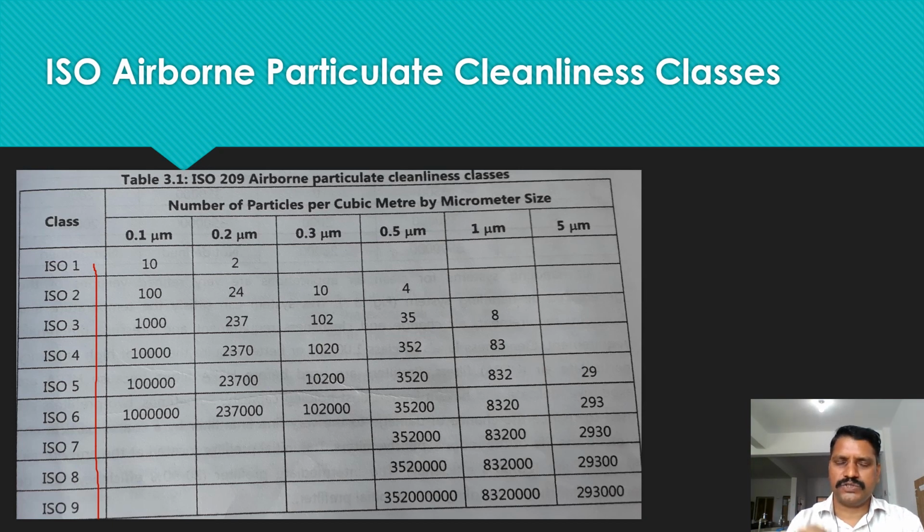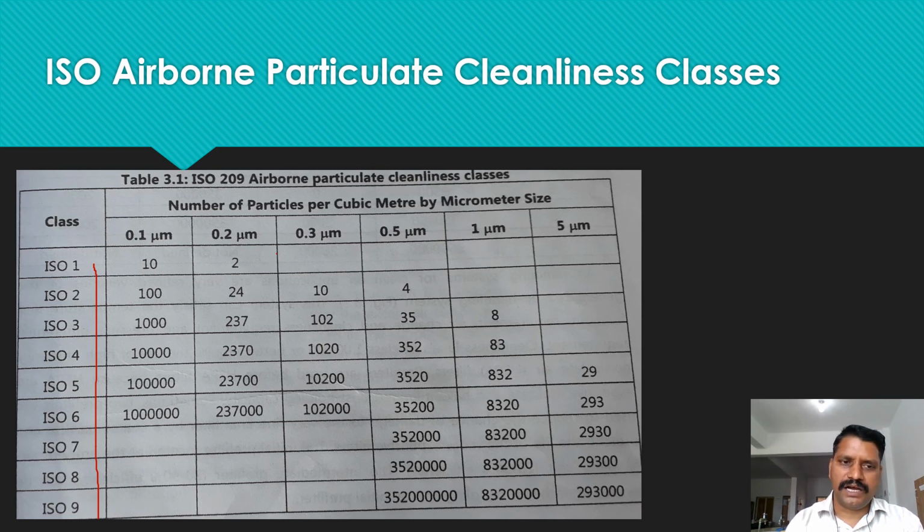ISO 1 standard for cleanliness means 0.1 micrometer up to 10 particles, and 0.2 micrometer 2 particles. 0 particles of 0.3 micrometer, 0.5 micrometer, 1 micrometer, or 5 micrometer.